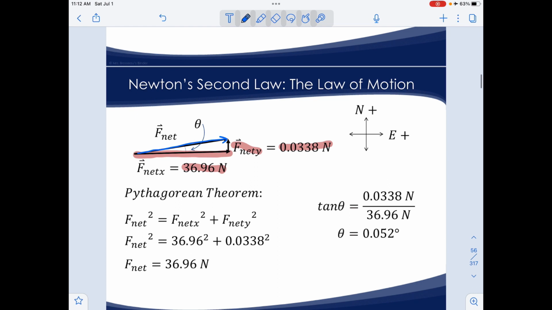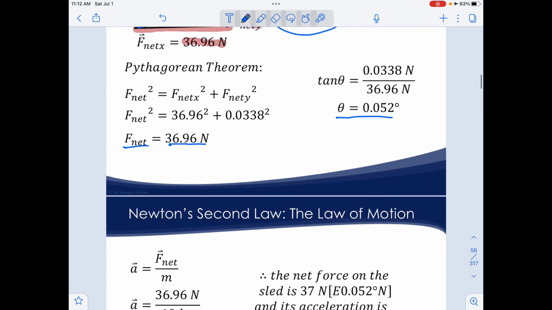I would use Pythagorean theorem. Not surprisingly, this value right here is so small that it ended up being insignificant, and the F net ended up being basically the same value as the F net x, okay? But it does have a slight significance in that there is a slight angle.